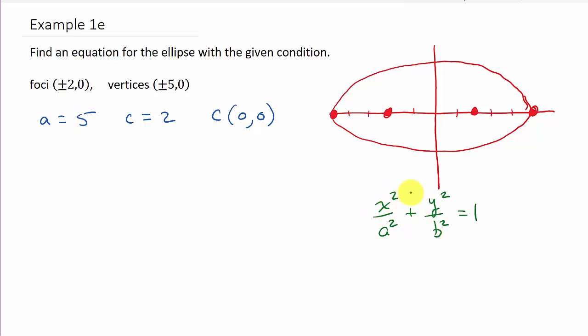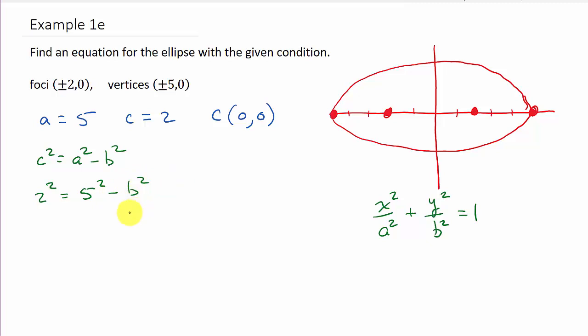We got a, and we can use c and a to get b. We know that c squared is equal to a squared minus b squared. So if we plug all this in, that's going to give us 2 squared equals 5 squared minus b squared.